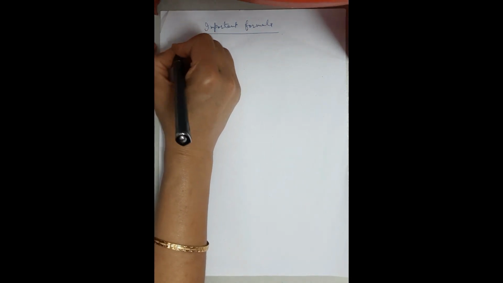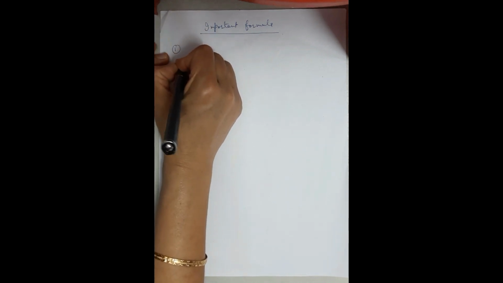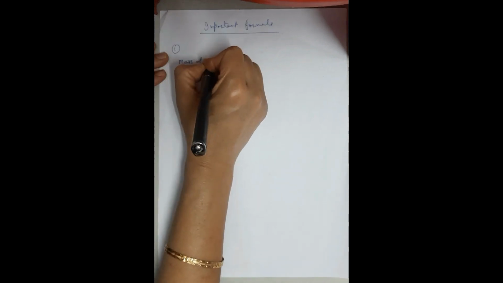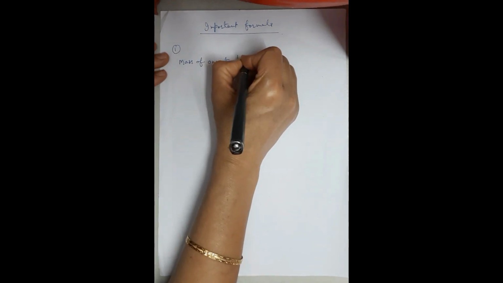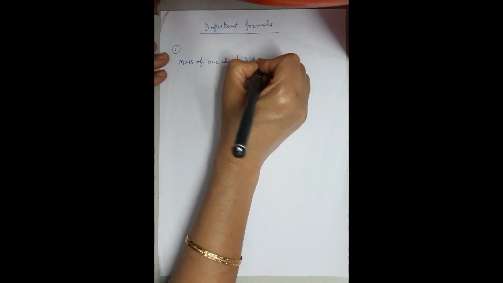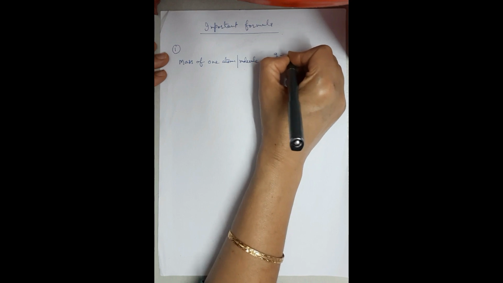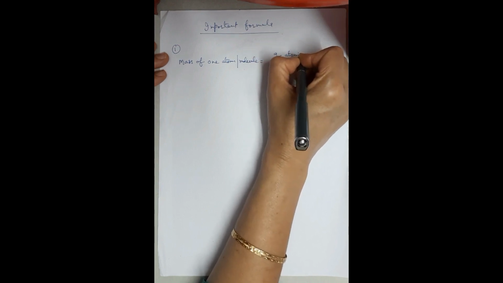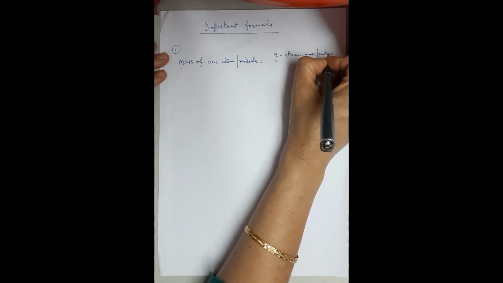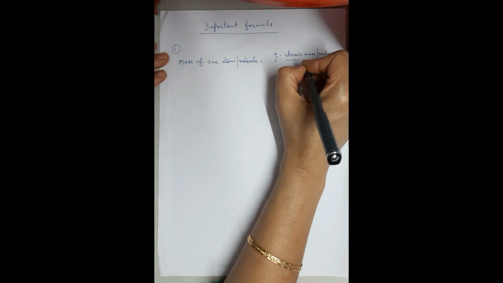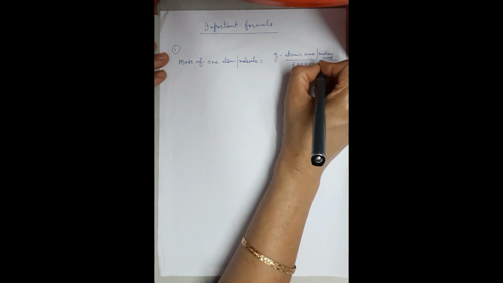First formula: if you want to calculate the mass of one atom or molecule, how will you find out? Mass of one atom or molecule is gram atomic mass or molecular mass, molar mass also we can say, divided by Avogadro number 6.022 × 10^23.